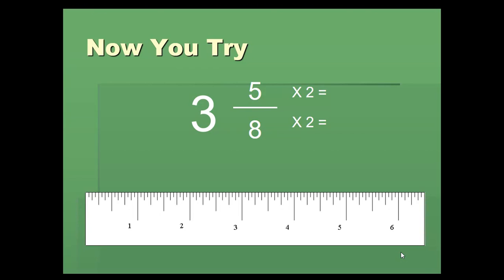When we do, 5 times 2 is 10, 8 times 2 is 16, leaving us with 10/16. Now, we'll find the inch, 3. Then we count the small lines after the inch till we get to the mark we're measuring to. This leaves us with 3 and 10/16, which is the same as 3 and 5/8.